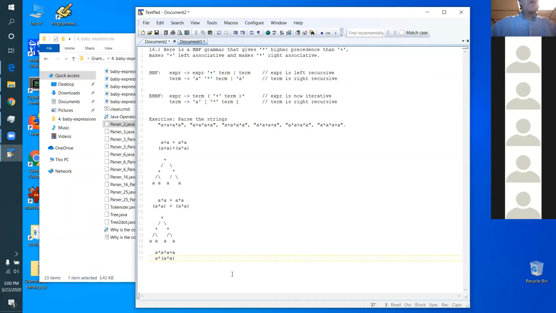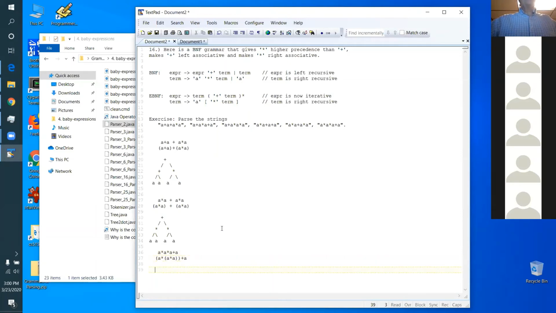Okay, so out of these 3, since it's right associative, you do the right hand multiplication first. Then all that has higher precedence than the addition, which comes last. Okay, so that's what it would look like with parentheses.